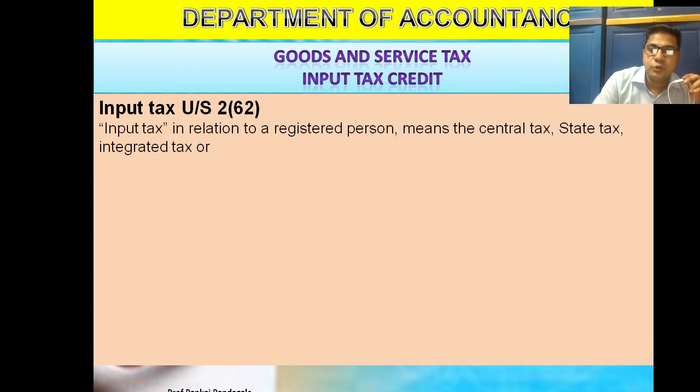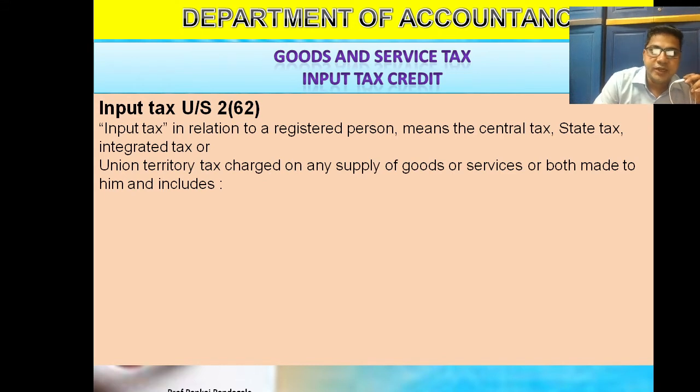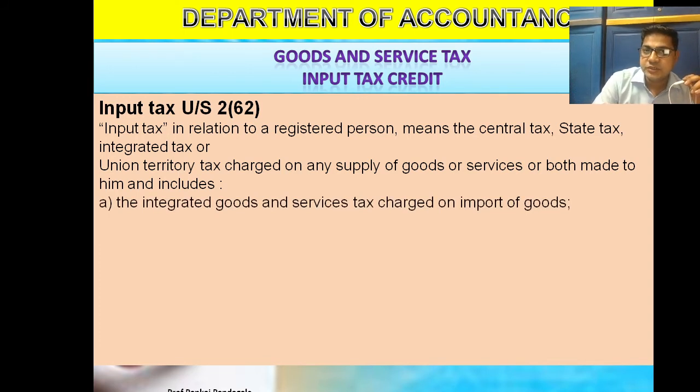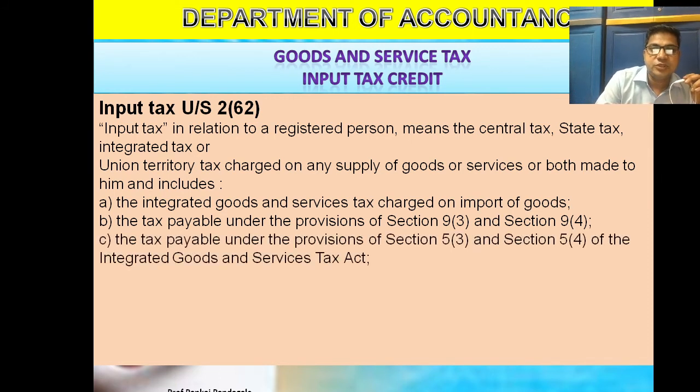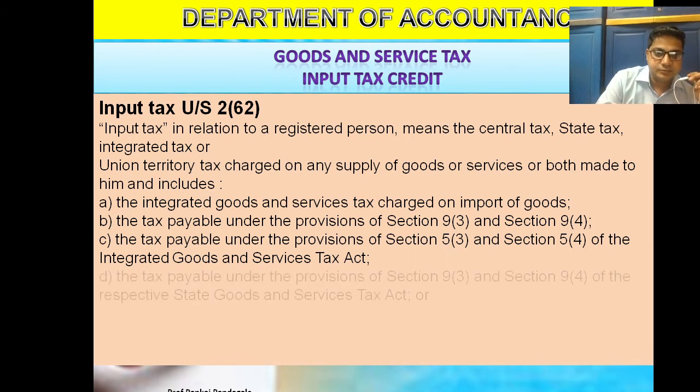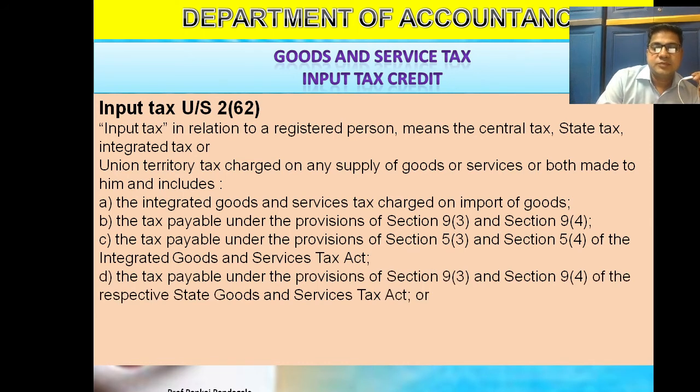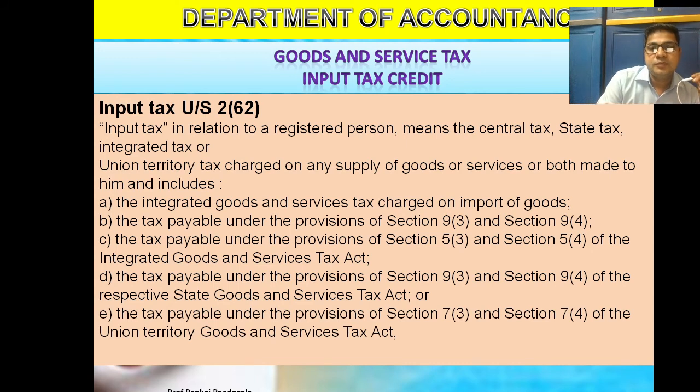In relation to a registered person, it means the central tax, state tax, integrated tax, union territory tax charged on any supply of goods or services or both made to him and includes integrated goods and services tax charged on import of goods, tax payable under section 9 subsections 3 and 4, tax payable under section 5 subsections 3 and 4 of the Integrated Goods and Services Tax Act, tax payable under section 9 subsections 3 and 4 of the respective State Goods and Services Tax Act, and tax payable under section 7 subsections 3 and 4 of the Union Territory Goods and Services Tax Act.